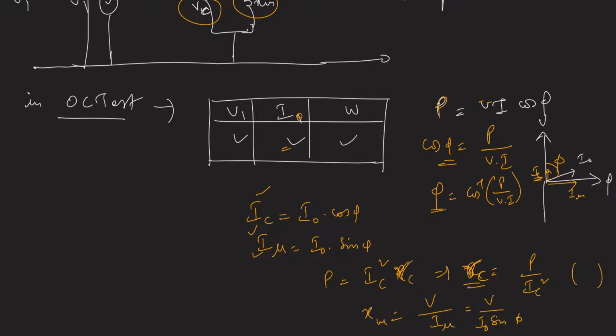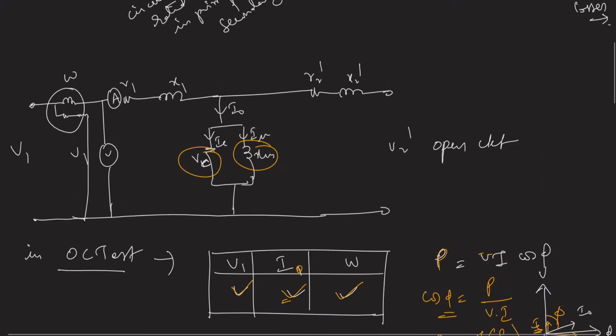So from these measurements I have calculated the IC component of current, the I mu component of current, and RC and XM. So these two values and these currents are determined from the no load test.